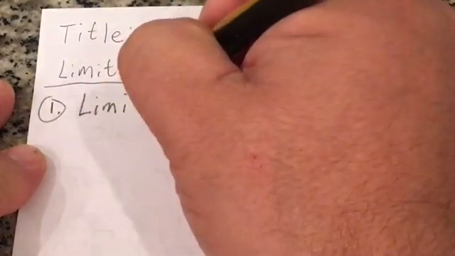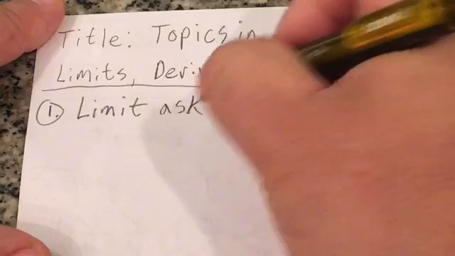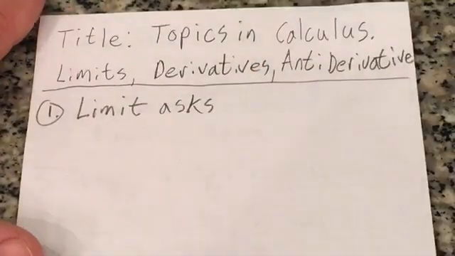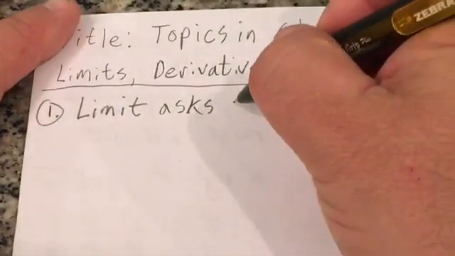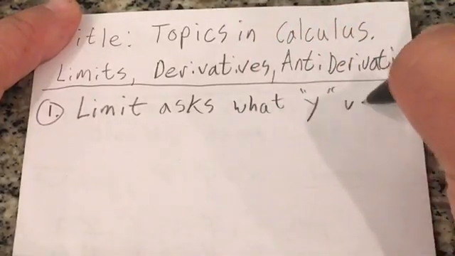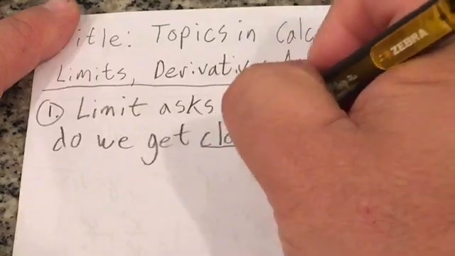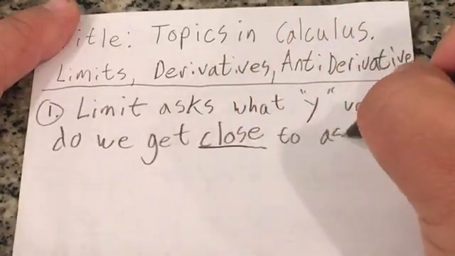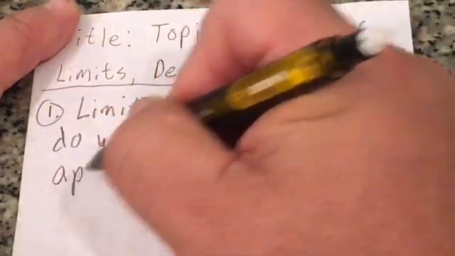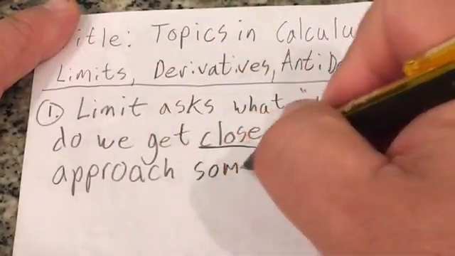The first one is going to be a limit. And all a limit is, it asks, what y value do we get close to as we approach or get close to some x value?